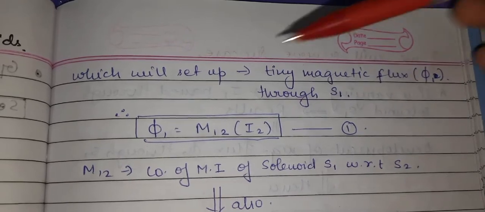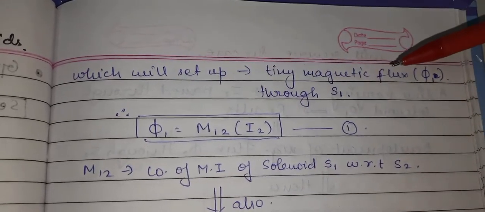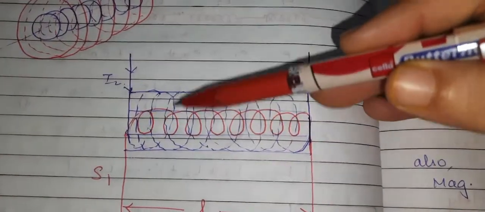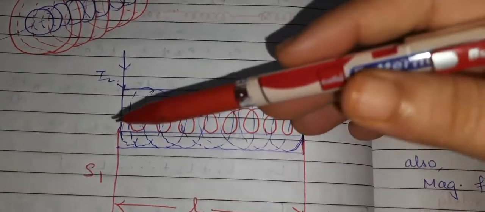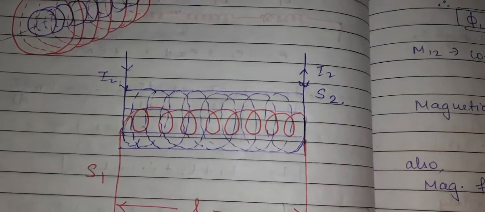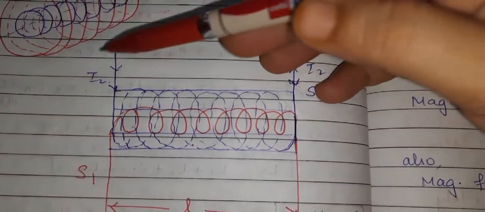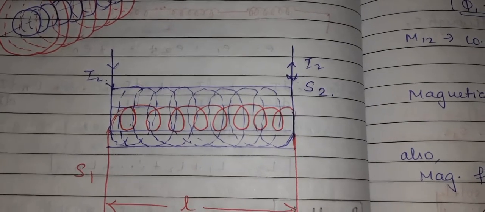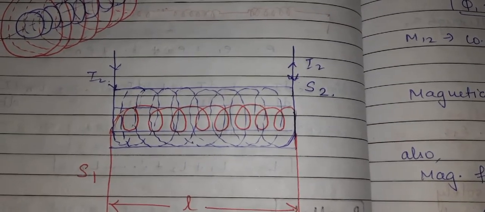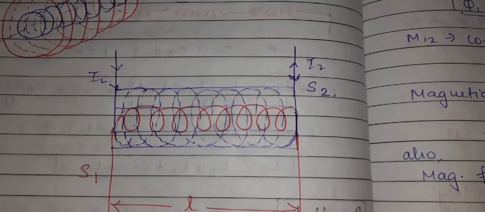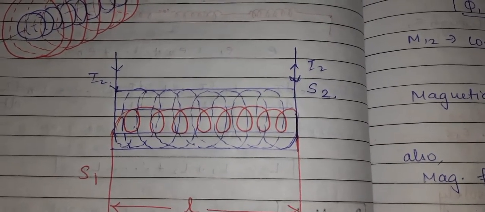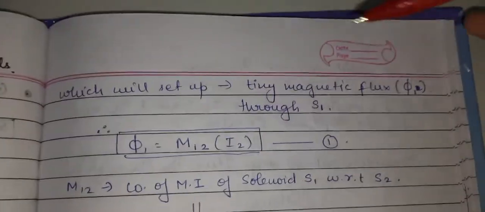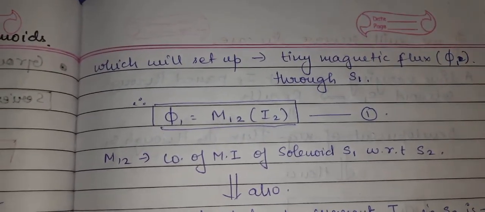Because the current I2 flowing in the blue coil is very small, the magnetic flux passing through S1, the small red solenoid, will be very tiny in magnitude. So a tiny magnetic flux, phi 1, will pass through S1.